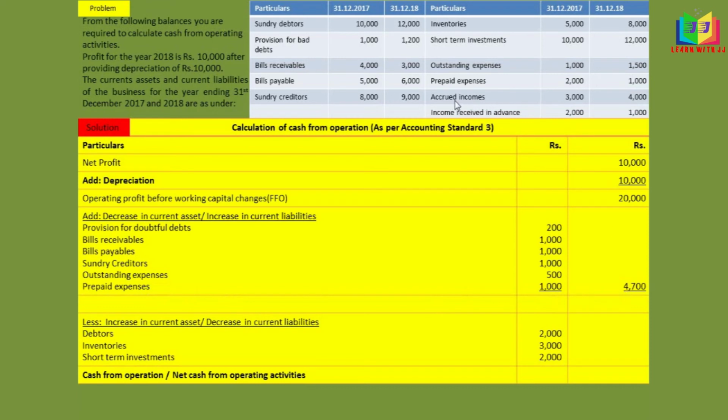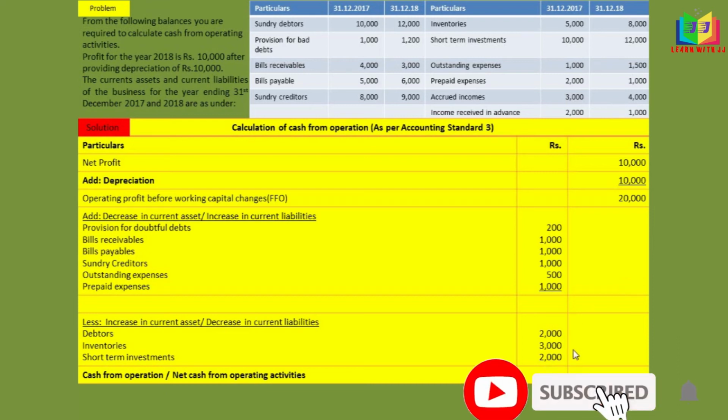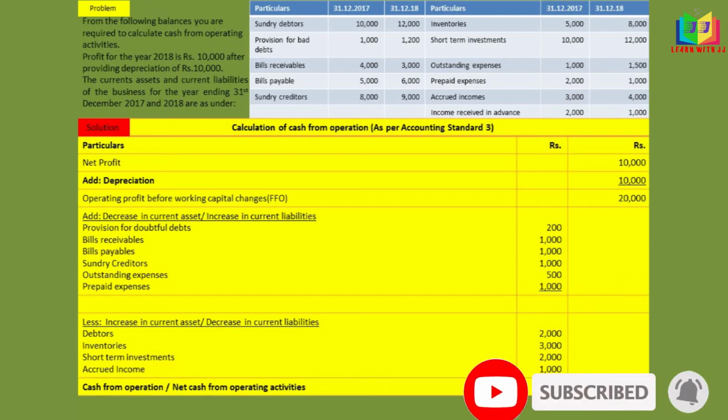Next one is accrued income. Accrued income is an asset and this asset increases. So we have to subtract this, 3,000 and 4,000. So 1,000 rupees increase in accrued income, so we have to subtract it. Accrued income 1,000. And income received in advance.